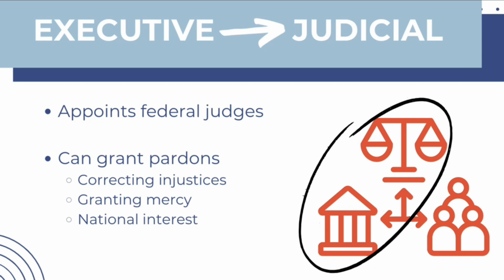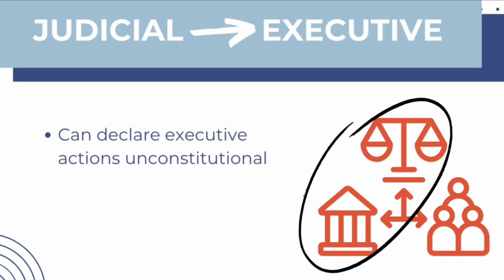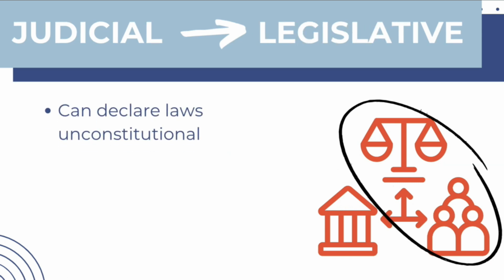So maybe by correcting injustices, granting mercy, or maybe they need to grant pardon for something that is in the national interest. The judicial branch checks in on the executive branch by declaring executive actions unconstitutional. All right, the judicial branch checks in on the legislative branch by declaring laws unconstitutional.